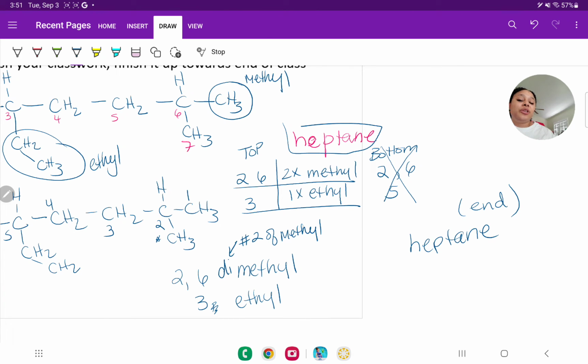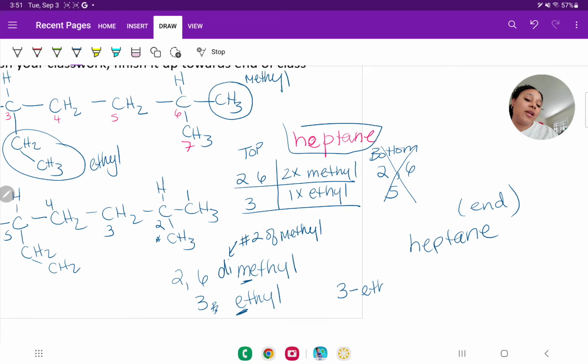The second thing we do is name the substituents alphabetically. I don't care about the di and the tri, those don't count. So ethyl comes first. And then we always separate our numbers, which are our locants, from our substituents with hyphens.